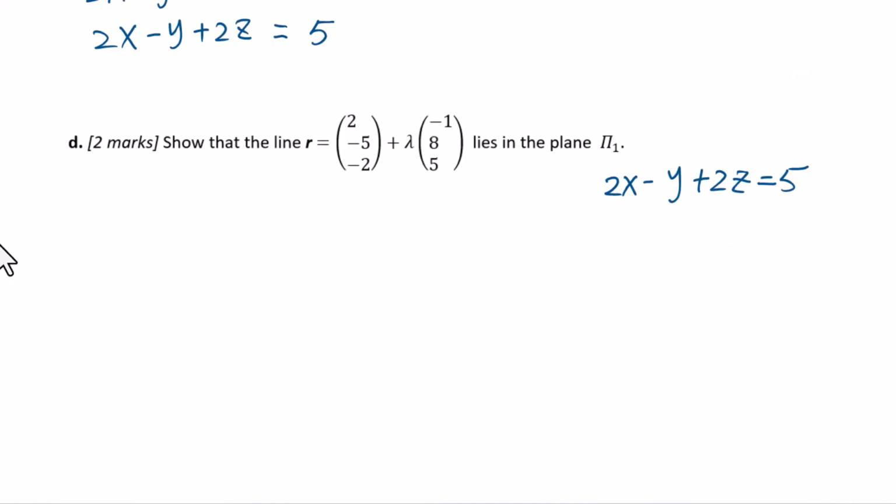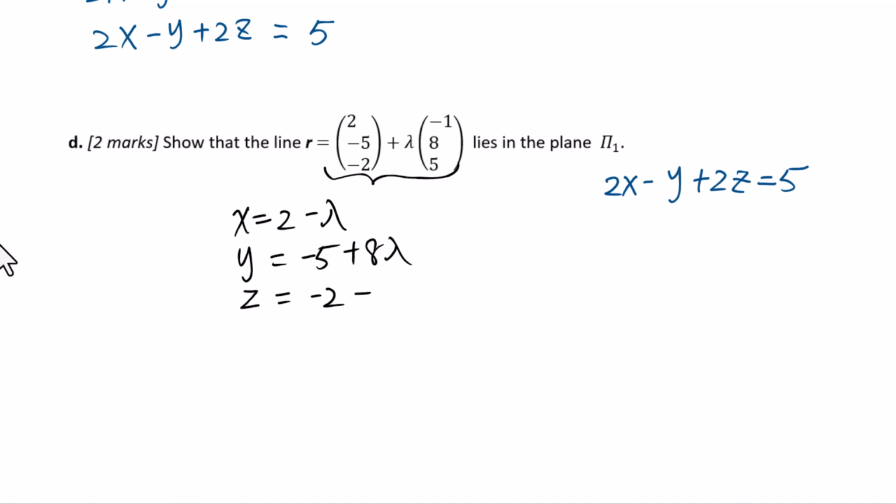Remember, when you see this vector equation of a line, normally we will change this into parametric form. x equals 2 minus lambda, y equals -5 plus 8 lambda, z equals -2 plus 5 lambda. We will substitute this x, y, z into this equation of the plane pi1.